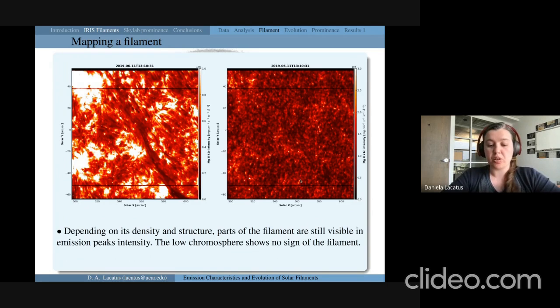But if you go further out towards the wings at the outer minima, this is, as I said, dominated by the emission from the top of the photosphere, and the filament is no longer visible. So the filament is definitely only seen in the features of magnesium that are formed higher up in the atmosphere, close to the top of the chromosphere.